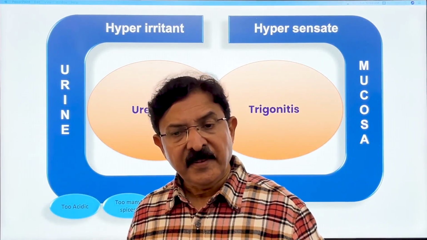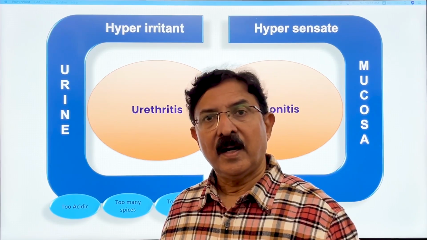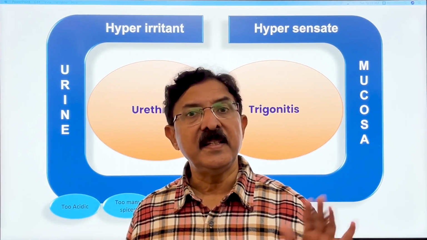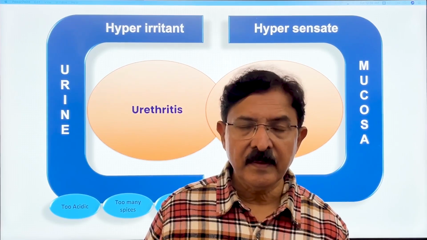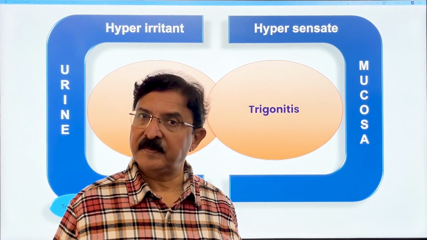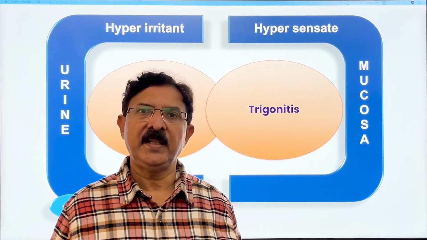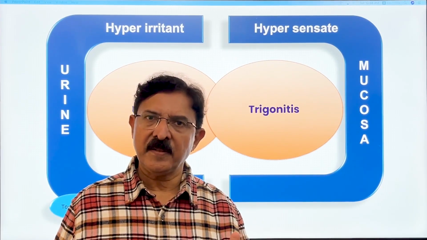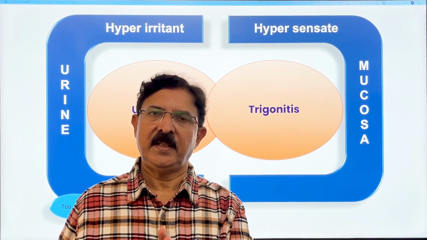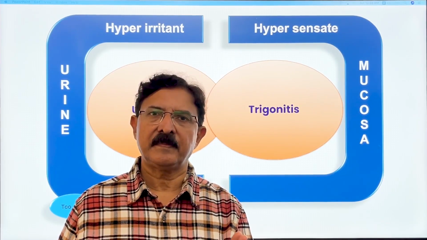So friends, if somebody has pain while passing urine, and this pain increases and decreases during the day, then be alert. This will not be because of infection. Because by the rules of pathology, if the infection has occurred once, if the inflammation has occurred once, it's going to stay. It is not going to go away till you treat it.